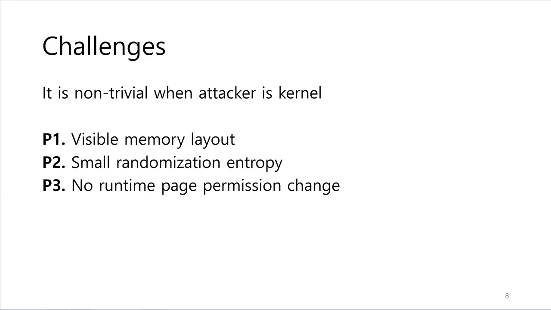And the third problem is that current SGX has a hardware limitation: it cannot support runtime page permission changes. So it has a conflict with ASLR. As a result, it becomes defenseless against code injection attacks.